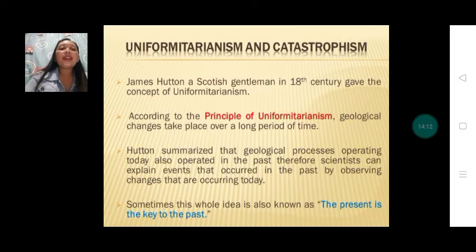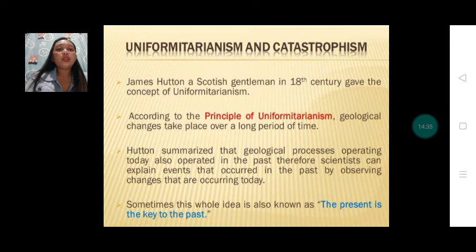So he summarized that the geological processes operating today also operated in the past. Therefore, scientists can explain events that occurred in the past by observing changes that are occurring today. Sometimes this whole idea is also known as: the present is the key to the past. I also agree with this quote.